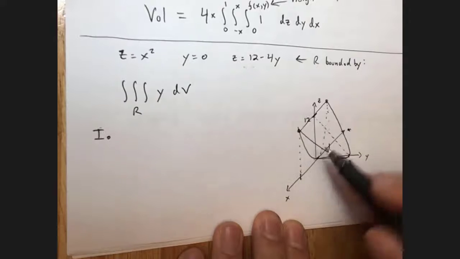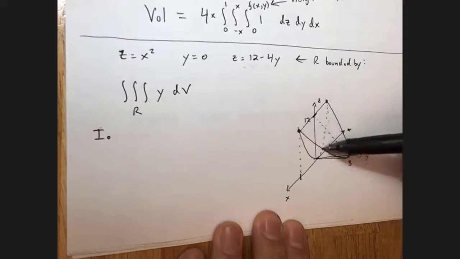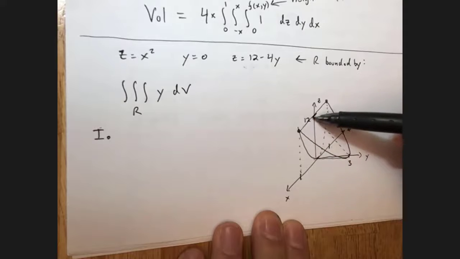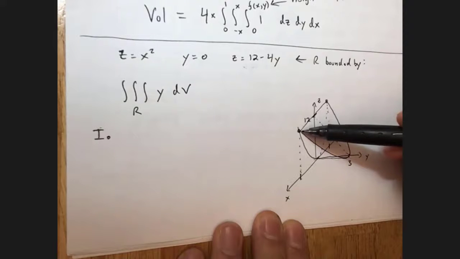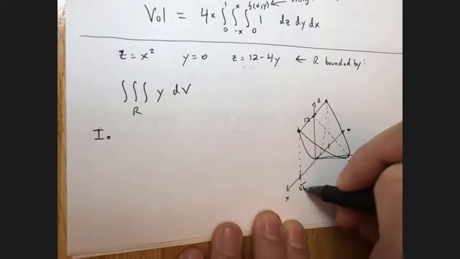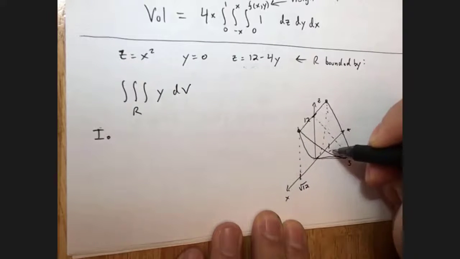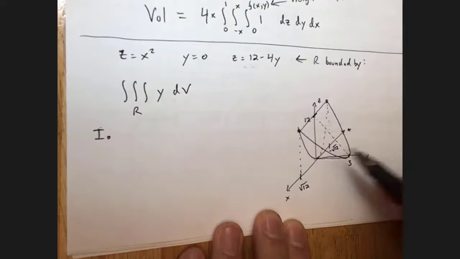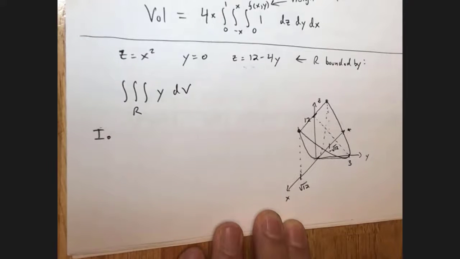Well, that's not too bad, because you see this is a parabola, z equals x squared, right? So I know the height here is 12, so 12 equals x squared. So I know what my x is. x is the square root of 12, and negative root 12 back here. So I'm going from negative root 12 to root 12.